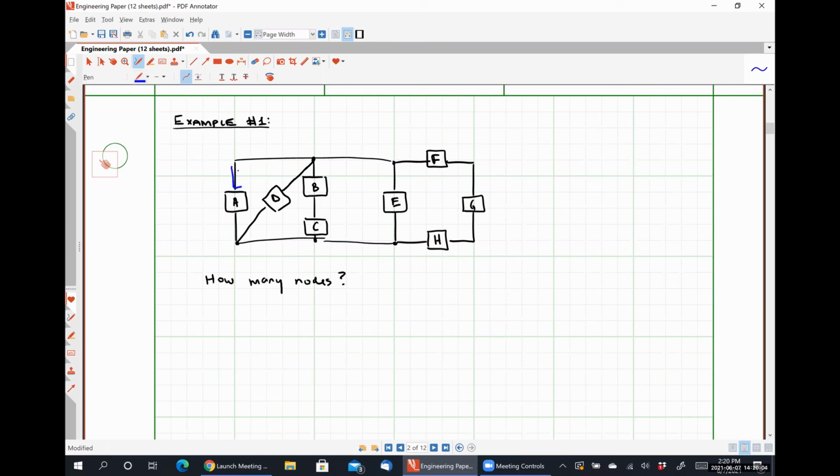So we have one node right here that connects elements A, B, D, E, and F together.